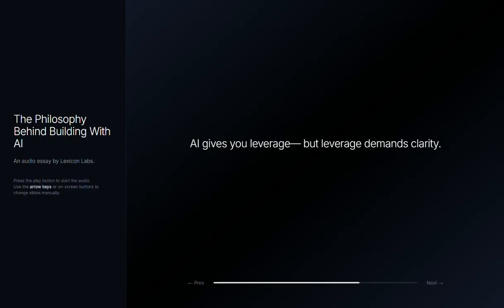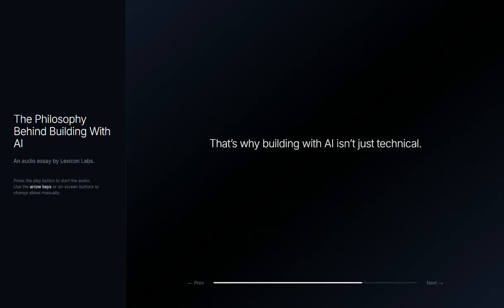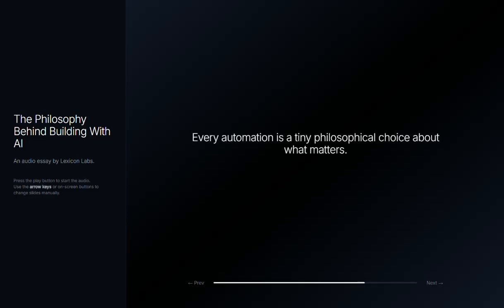AI gives you leverage, but leverage demands clarity. It forces you to define your values, or the system will define them for you. That's why building with AI isn't just technical, it's moral. Every automation is a tiny philosophical choice about what matters.